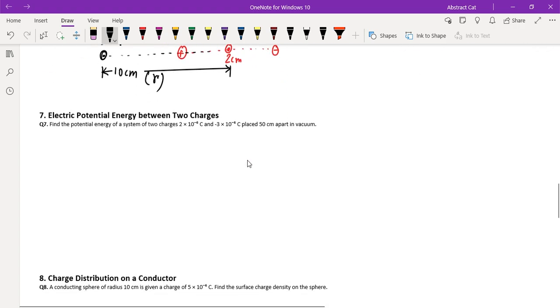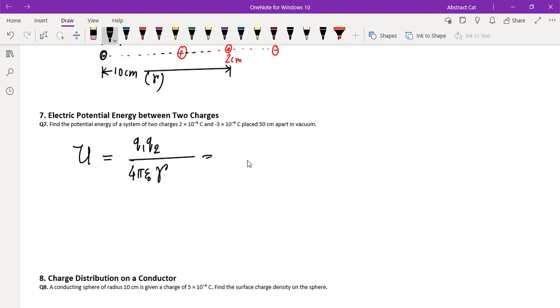Number 7, numerical: electric potential energy between two charges. So we know that the potential energy U is Q1 Q2 over 4 pi epsilon naught times the separation R between the two charges, and we know that 1 over 4 pi epsilon naught is 9 into 10 to the power 9.